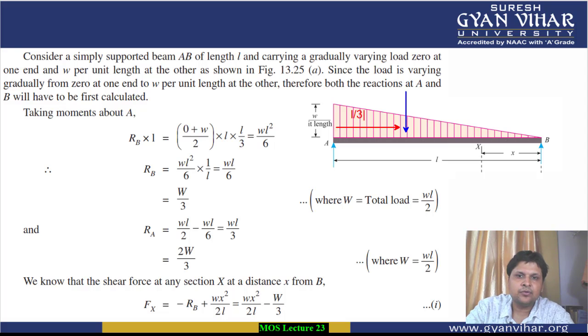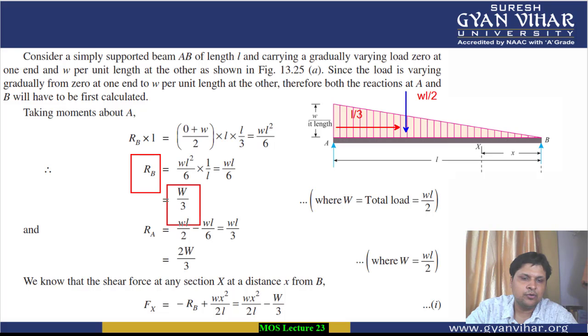So if the load you have calculated is WL by 2, you will multiply WL by 2 with L by 3. So it will be equal to WL square by 6. So finally, if you calculate the value of RB from this relation, it equals WL by 3.